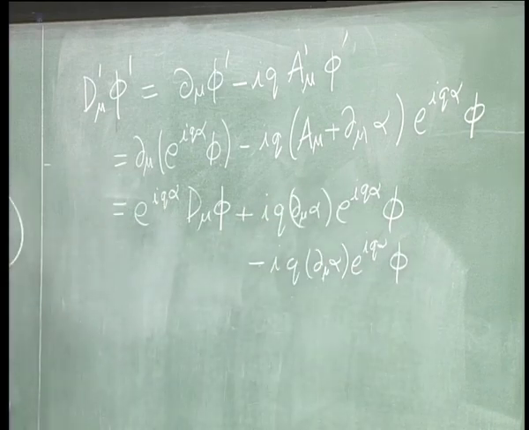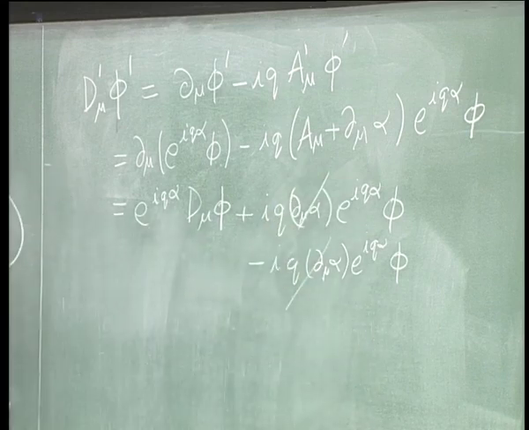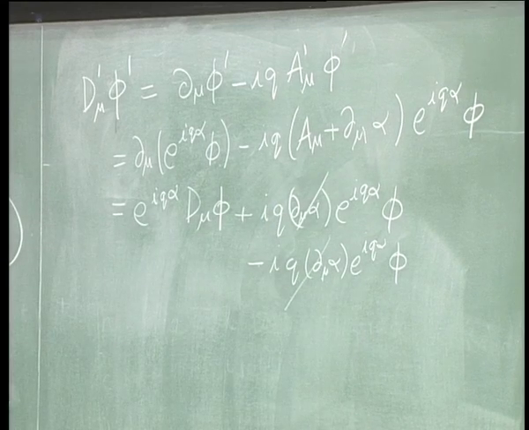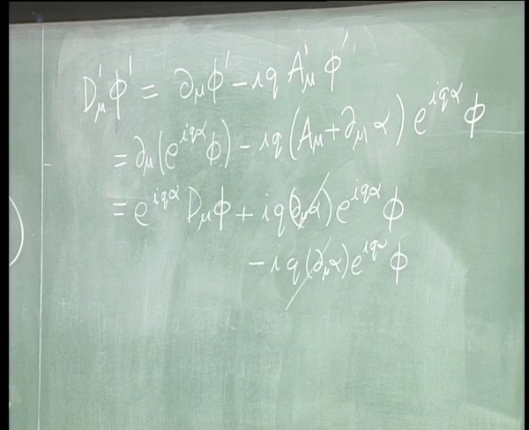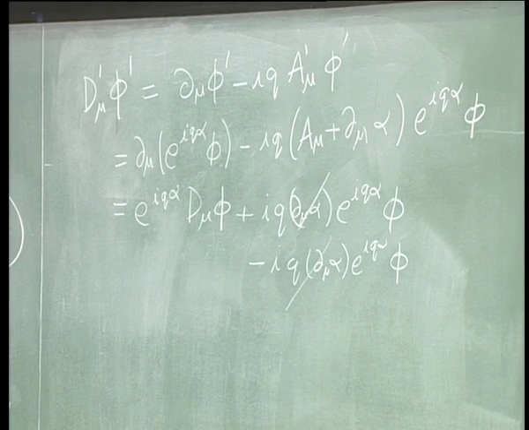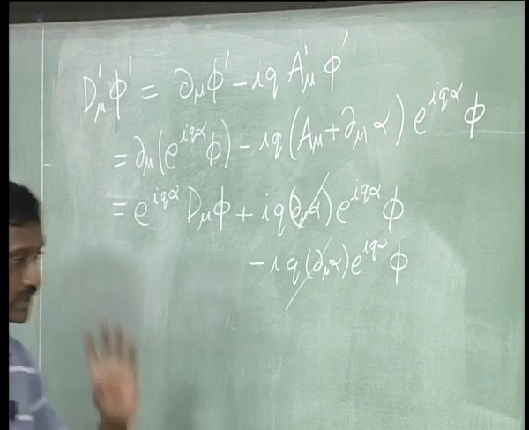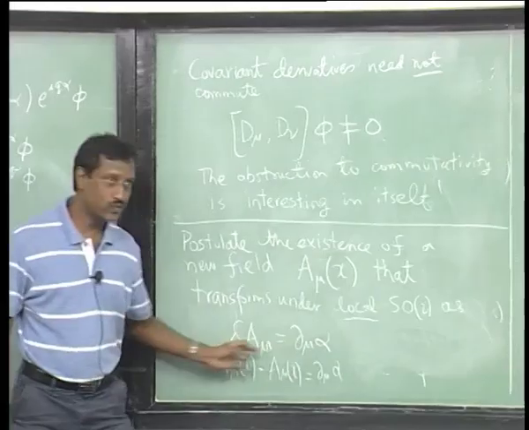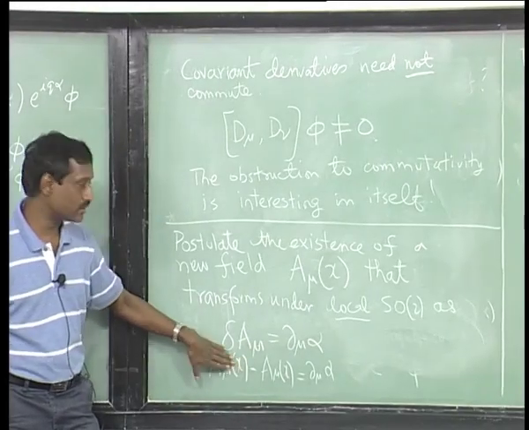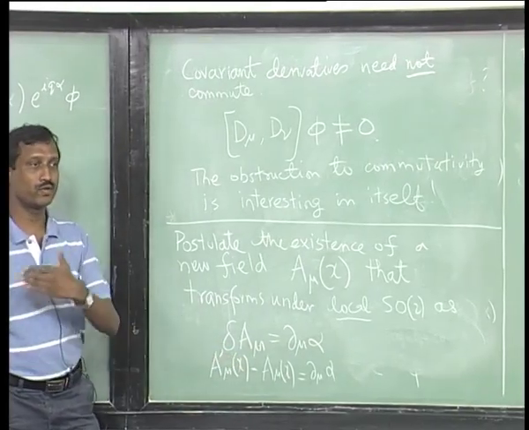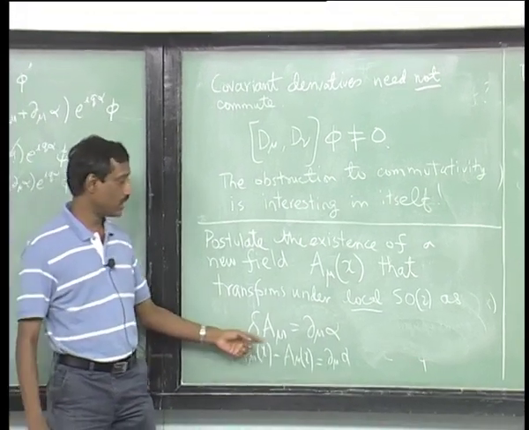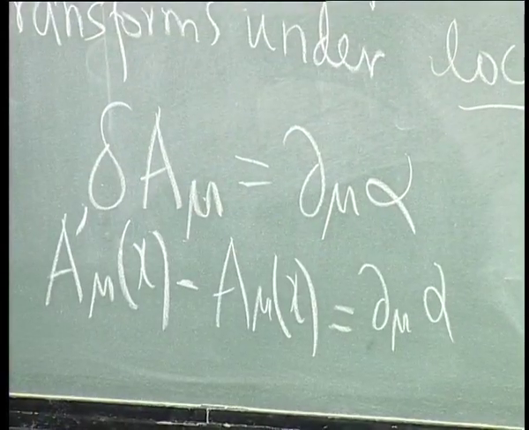So these two cancel out. Okay. So you can see that I have achieved what I wanted, and before I finish I just want to point out that you should see something familiar, similar to what you would have seen for the electromagnetic field. This is how it transforms under what we call gauge transformations.